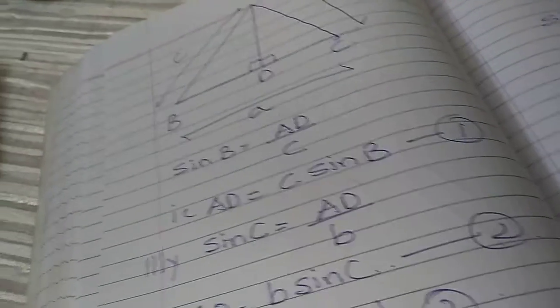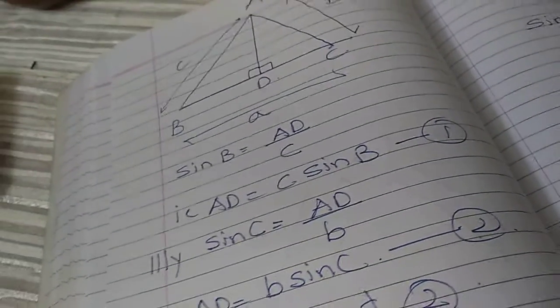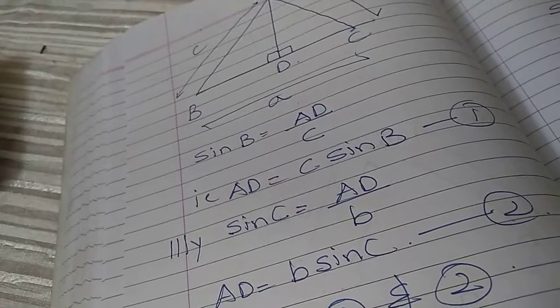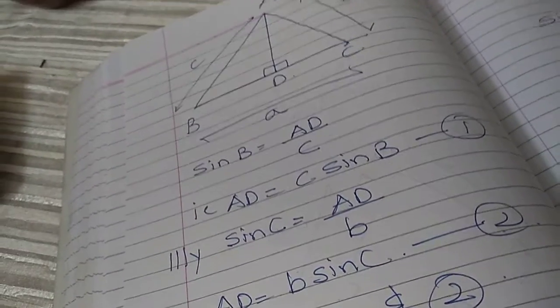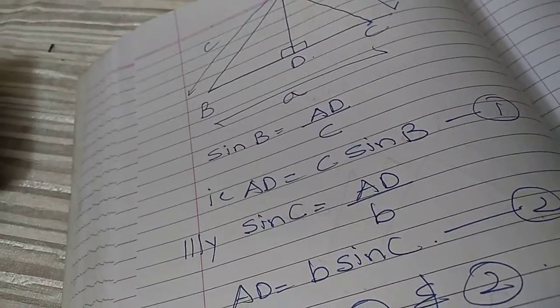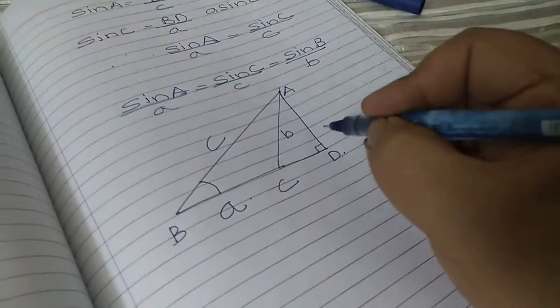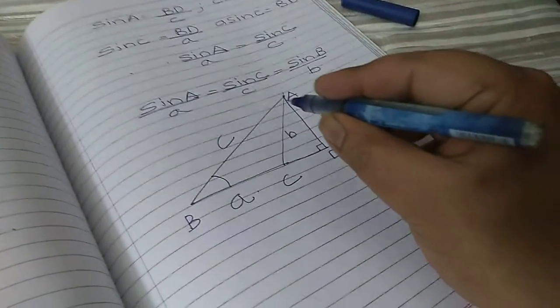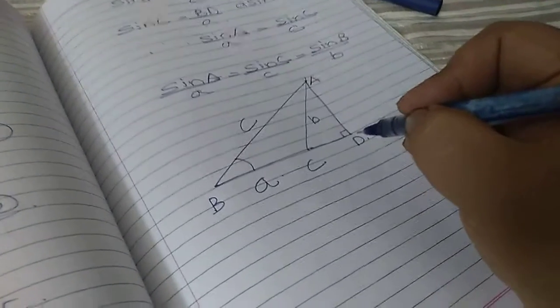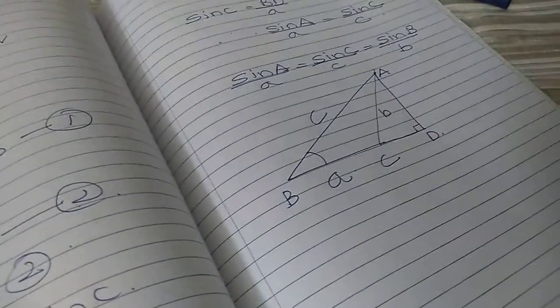Side opposite to angle A is named A, side opposite to angle B is named B, and side opposite to angle C is named C. AD is the height of the triangle, which was not present earlier. I had drawn this side AD as a construction part.